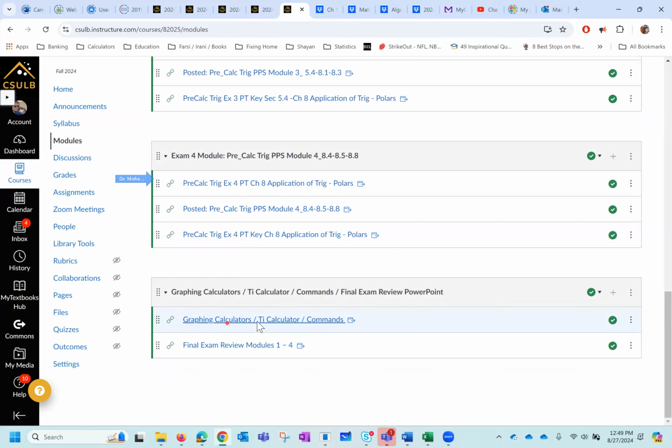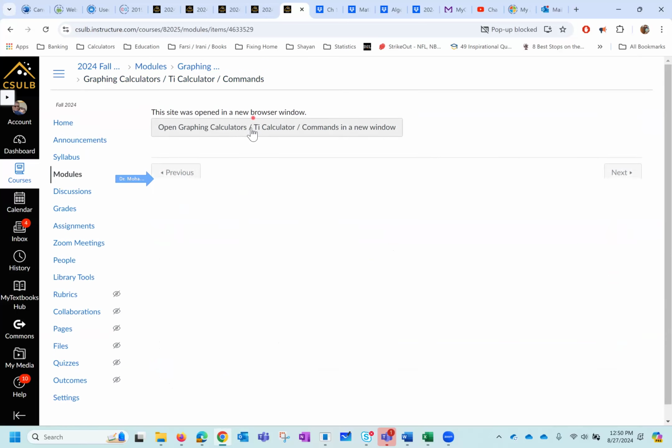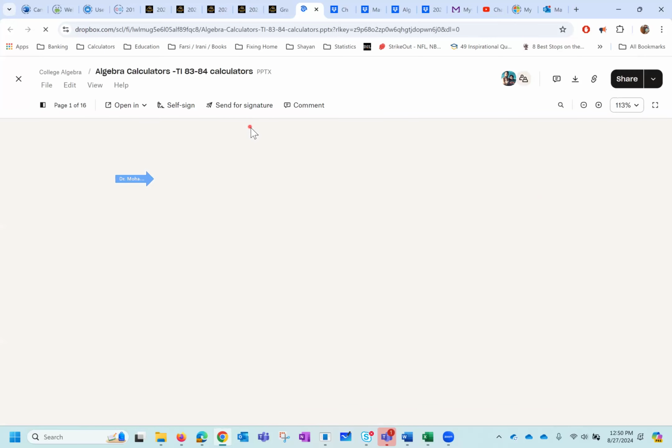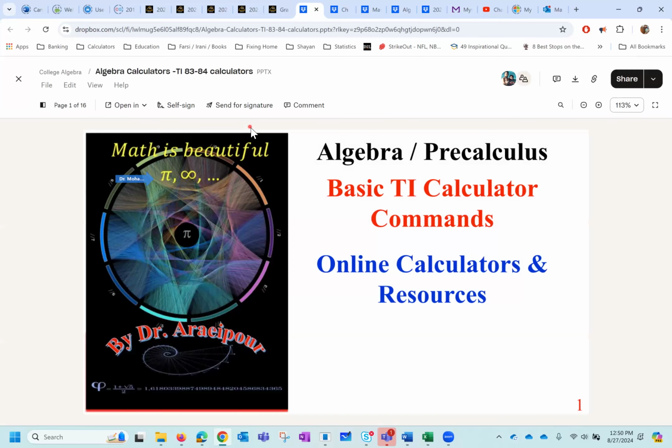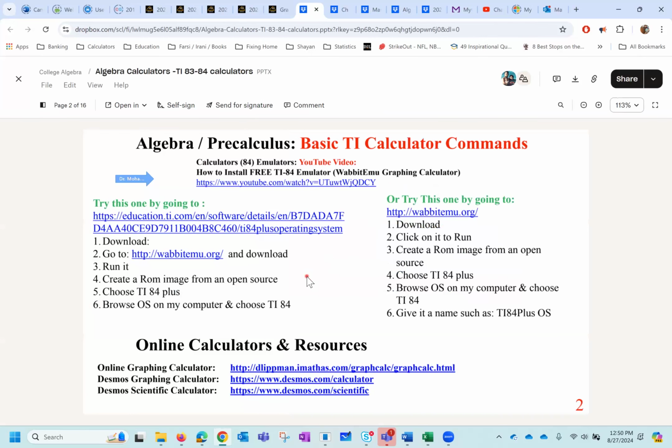you have this graphing calculator commands. Let me show you. I have put the information about the TI calculator that you may be able to download as an emulator. Sometimes you can, sometimes you can't make it work.